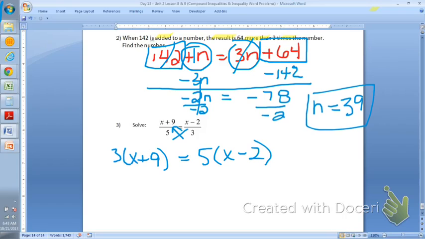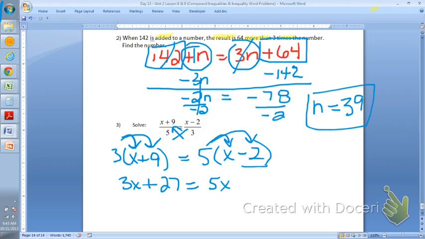Now that we have parentheses, we have to distribute. Distribute that 3 to the x and the 9. So you have 3x plus, don't forget that sign, 9, or 3 times 9 is 27, is equal to, distribute the 5, just like you did the 3. 5 times x is 5x. 5 times negative 2, don't forget the sign, is negative 10.